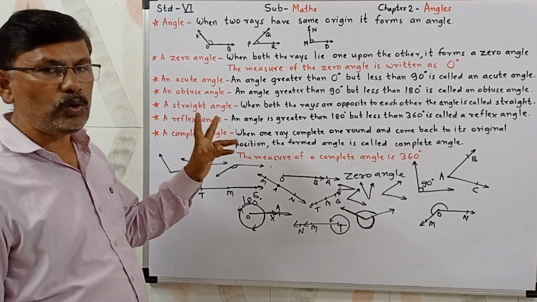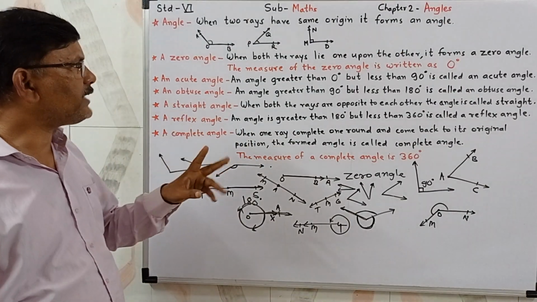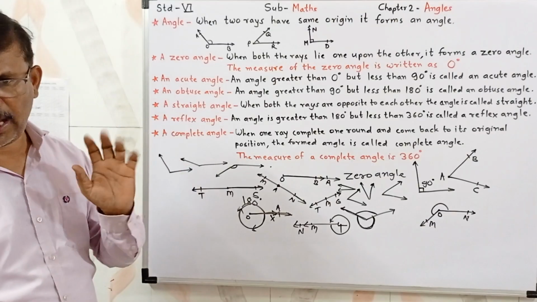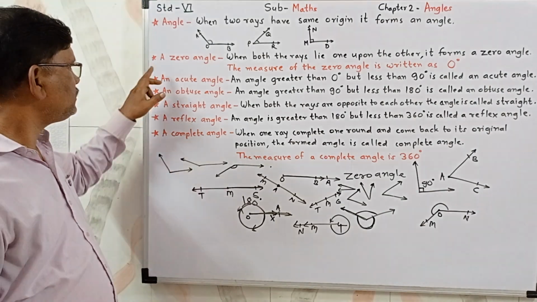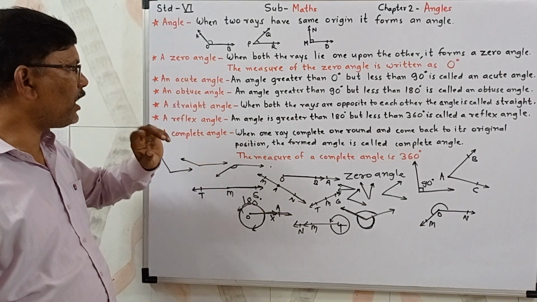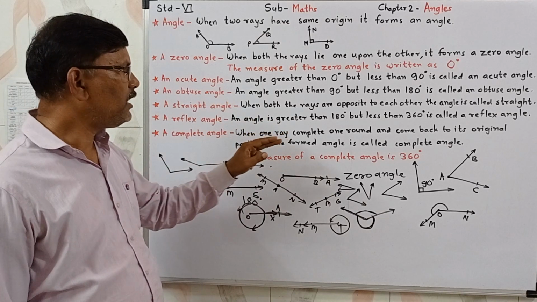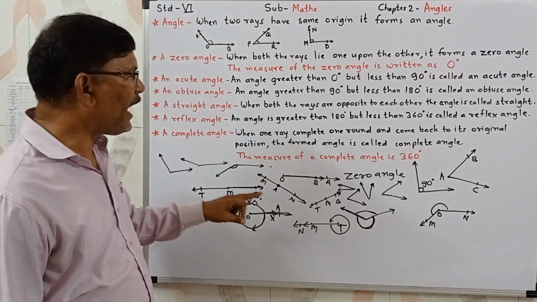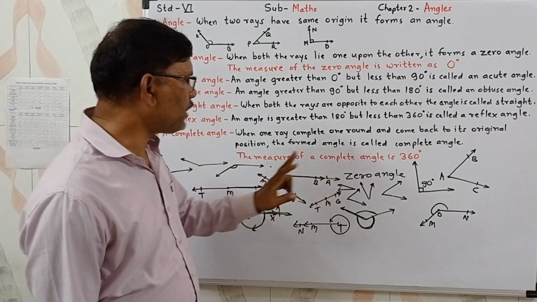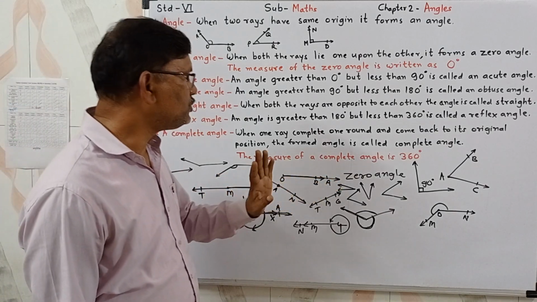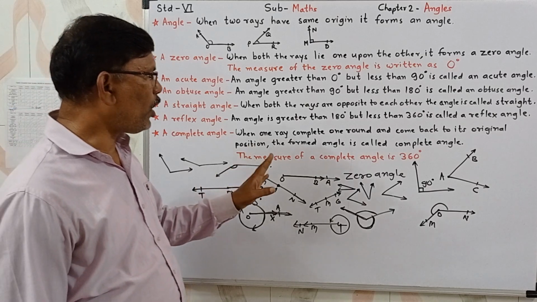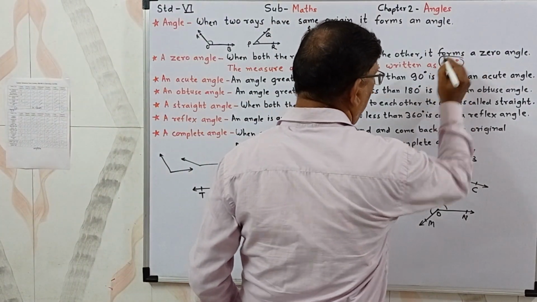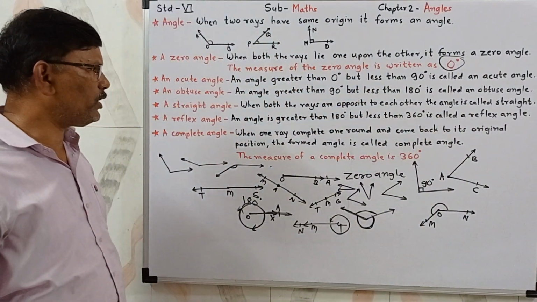First we learned the zero angle. When both rays lie one upon the other, it forms a zero angle, and a zero angle is written as 0 degrees.